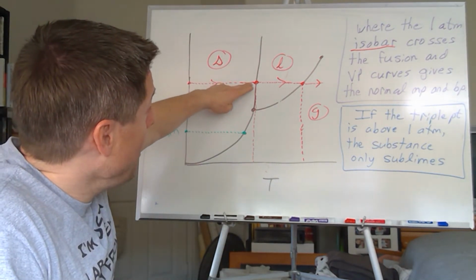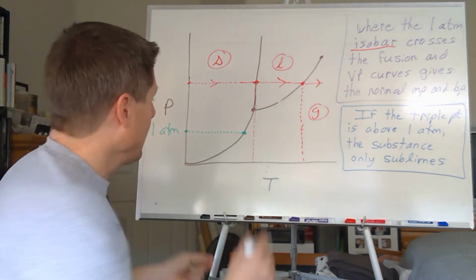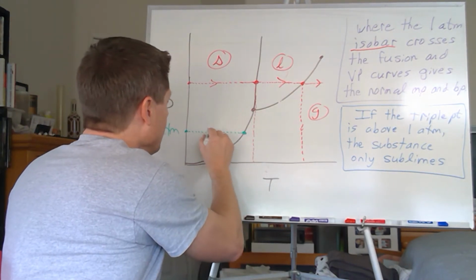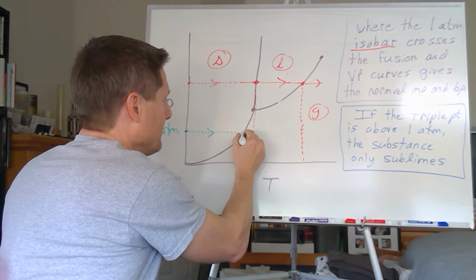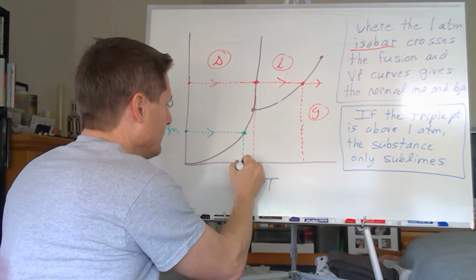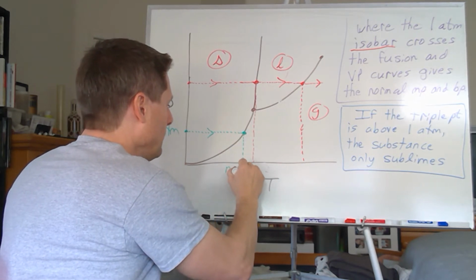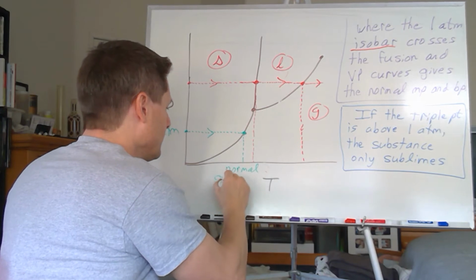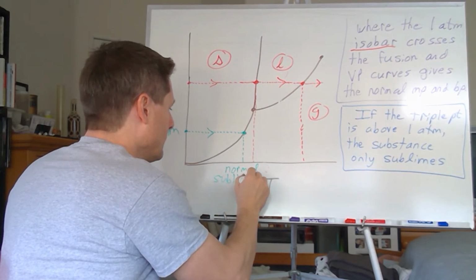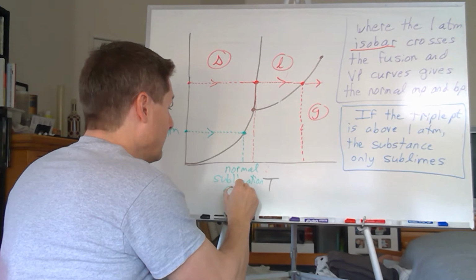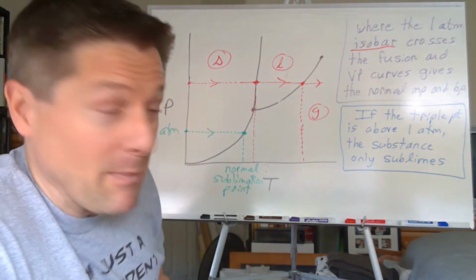You would never melt in that scenario, okay? So at this point, it would sublime. So that would be the normal, you hardly ever hear that term, normal sublimation point, right?